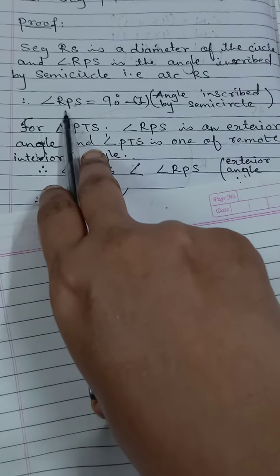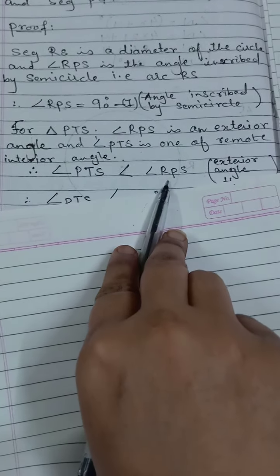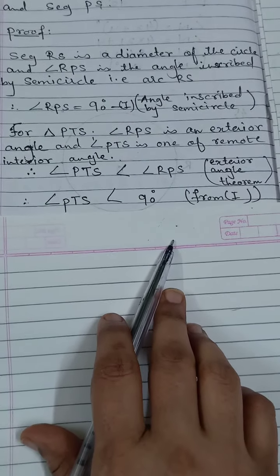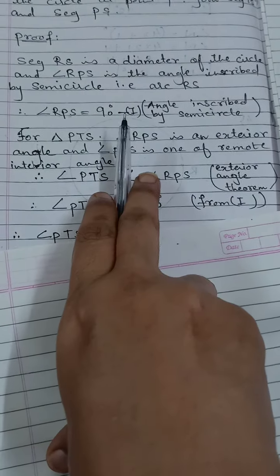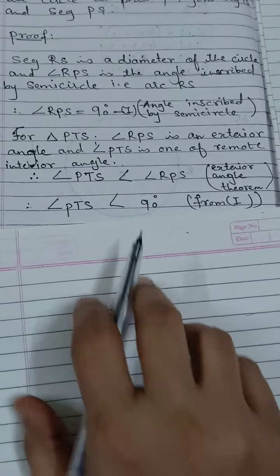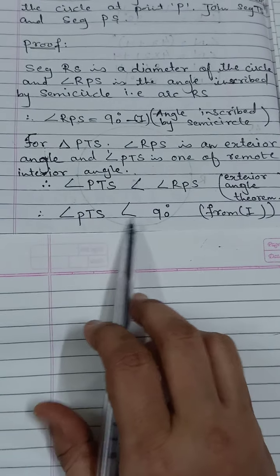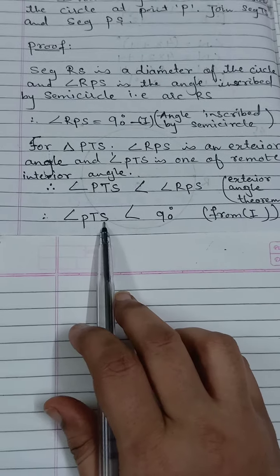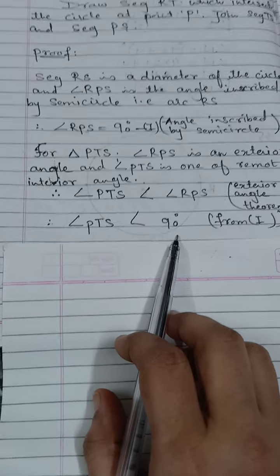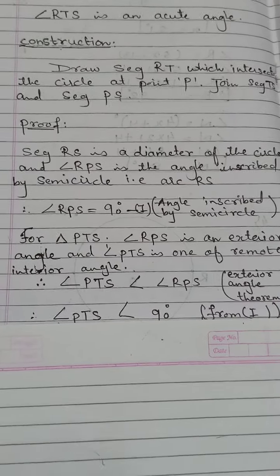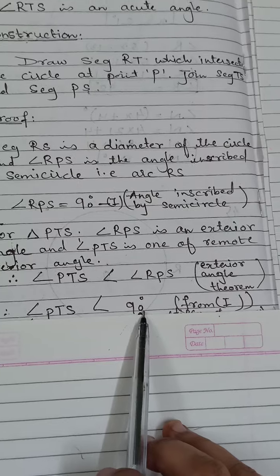But angle RPS, we know in equation number 1, is 90 degrees. So we substitute 90 degrees here. So PTS is less than 90 degrees. This 90 degrees we have taken from equation number 1. Now we have got angle PTS less than 90 degrees. Any angle which is less than 90 degrees is nothing but an acute angle.